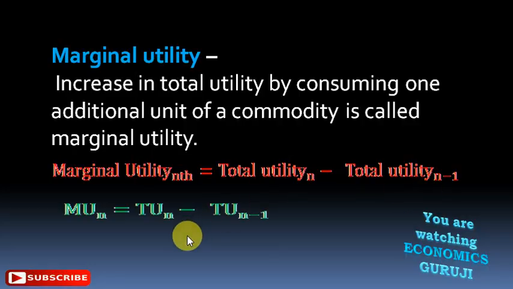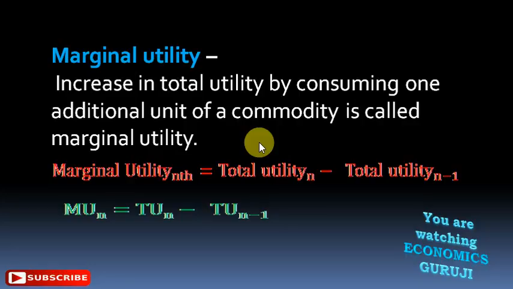The other definitions of marginal utility are: marginal utility is the utility derived from the last or marginal unit of consumption. It refers to the additional utility derived from an extra unit of the given commodity purchased, acquired or consumed by the consumer.